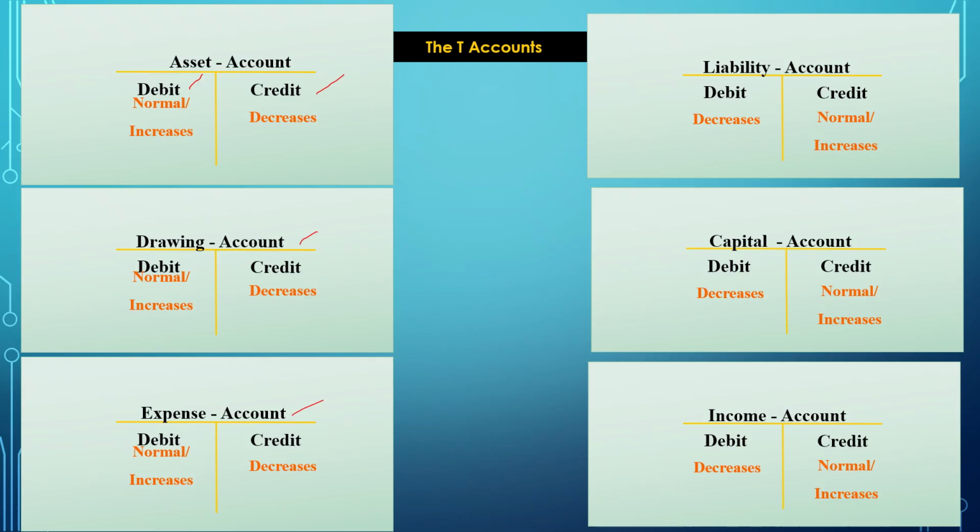But for liability, capital, and income accounts, the normal side is the credit side. Therefore, all increases on liability, capital, and income accounts will be placed on the credit side. But if there will be decreases on these accounts, they will be placed on the debit side.